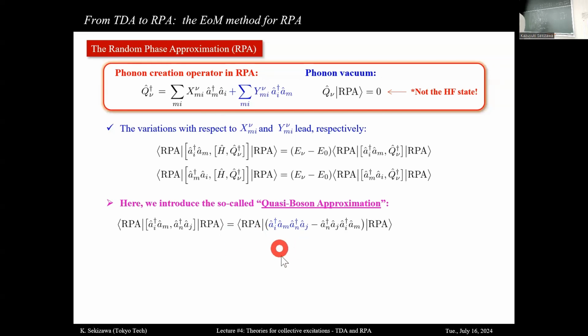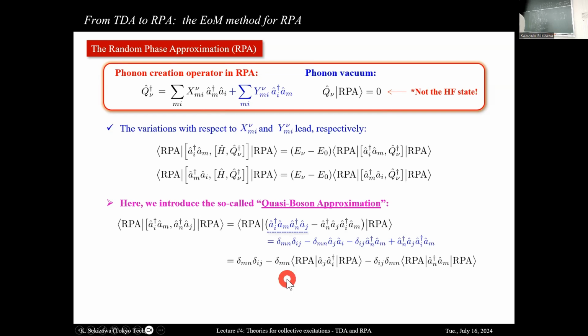What it means is that in the case of these four creation and annihilation operators, you will have this Kronecker delta and some additional terms with two annihilation operators, A dagger and A dagger A. And in the quasi-boson approximation, we neglect those two additional terms.